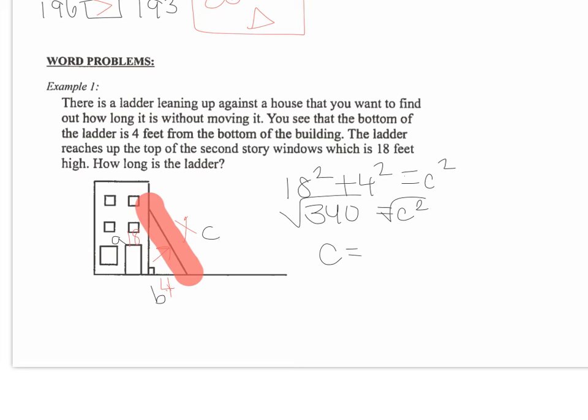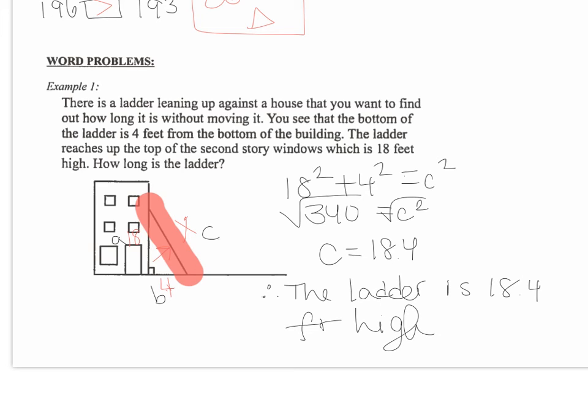So c equals 18.4. So therefore, the ladder is 18.4 feet high. Okay? Remember, you start with words, you end with words.